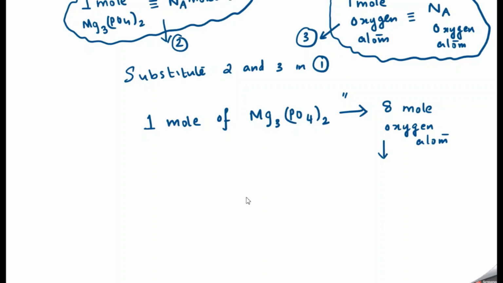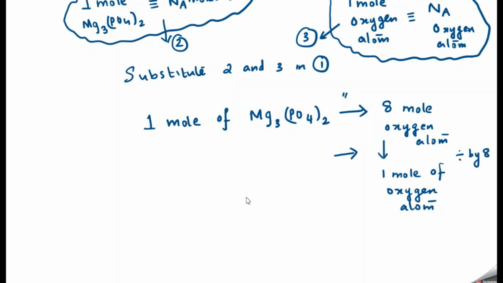So convert 8 moles of oxygen atoms to 1 mole. For that, what you need to do, divide by 8 on both sides. So this will become 1 mole of oxygen atom. Correct. So what you have done, divided by 8 on the RHS, so I will mark here divide by 8.